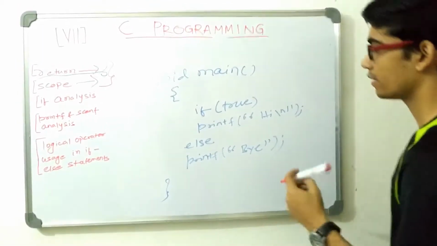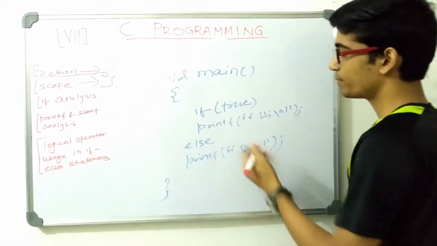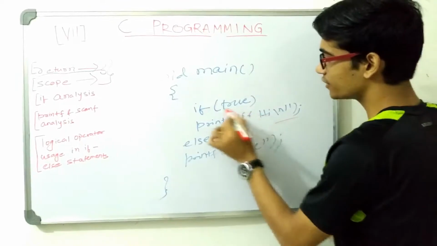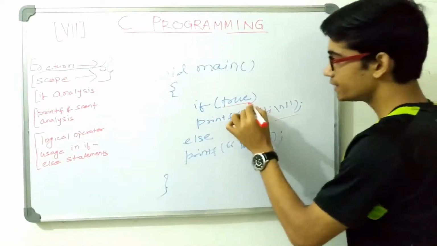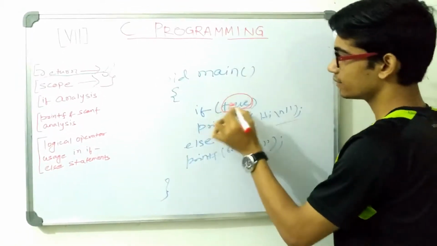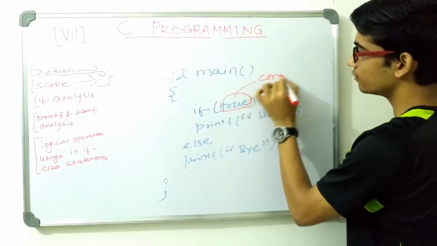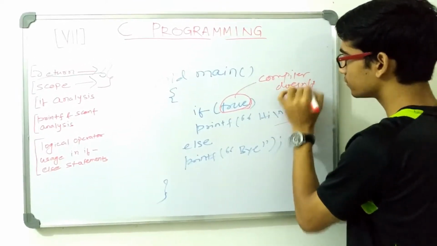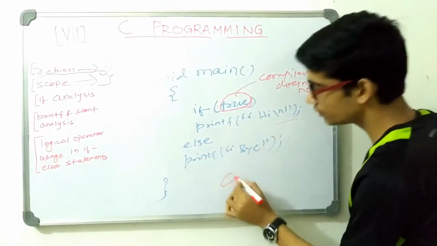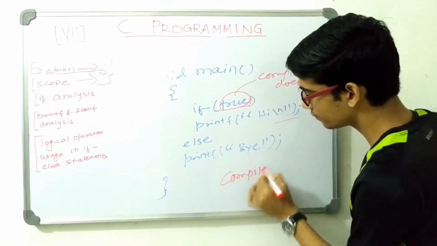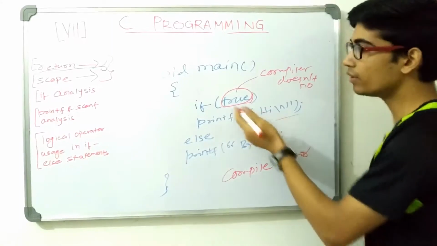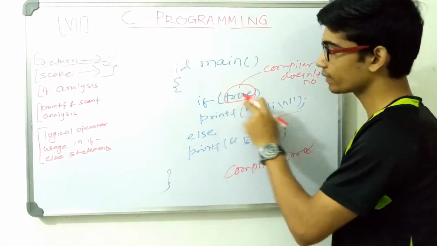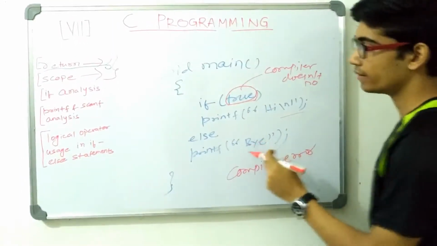Maybe some people will say the output will be high because this is true, but see, this true is meaningless. Okay, the compiler doesn't know it, so there will be a compile error. We don't know what this true means, so there will be a compile error.